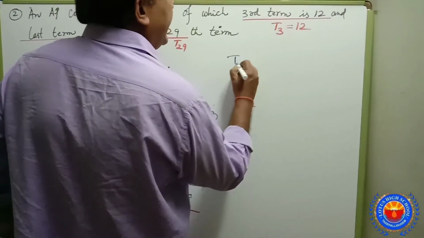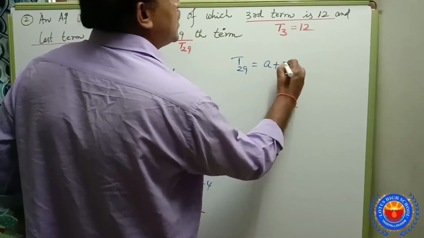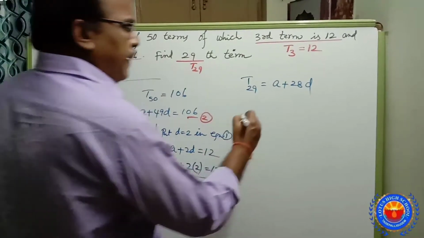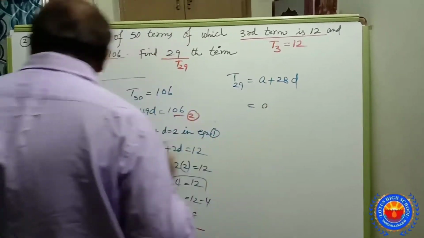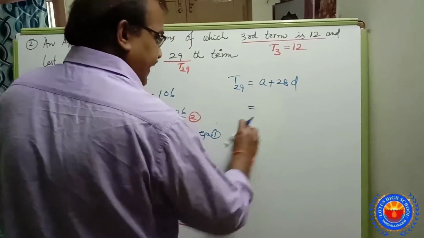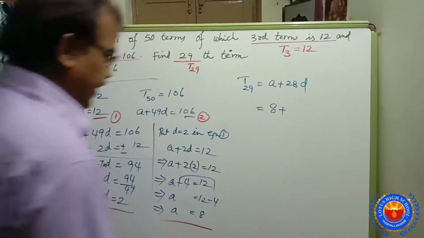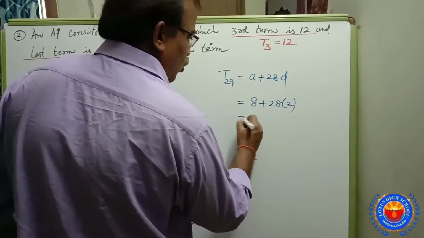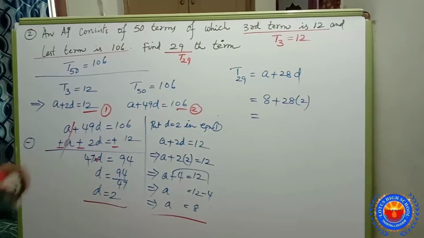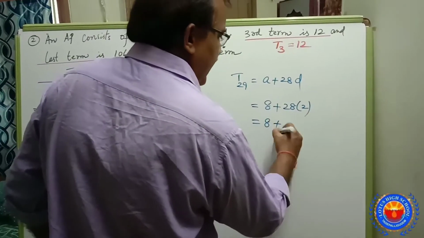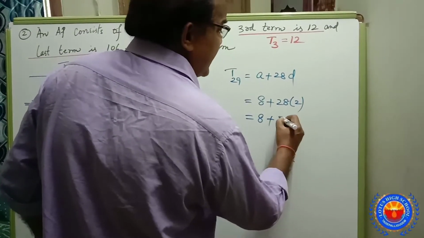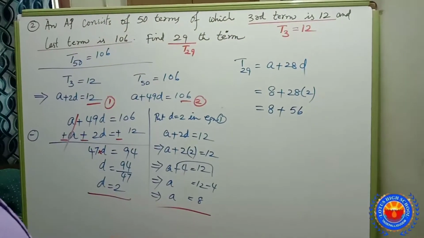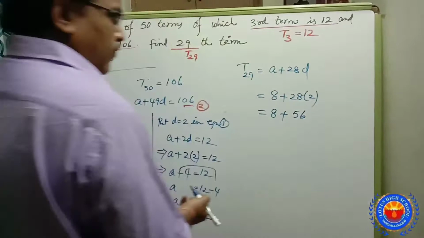That's right. T29 is equal to A plus 28D. 29th term, no? A is 8, and D is 2, so 28 into 2. 8 plus 56. 8 2s are 16, 5, 56.